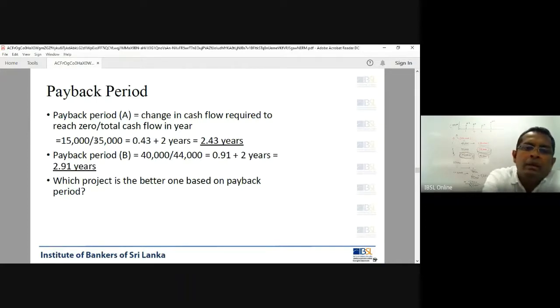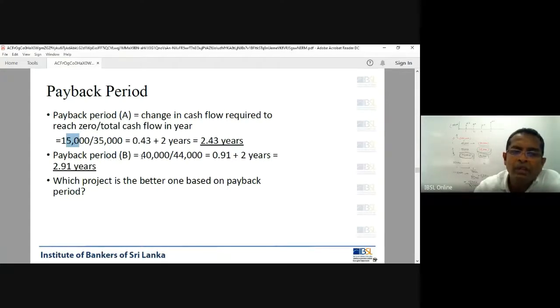It is 0.43. 2 years plus 0.43 if it is years. If you want number of months, you can multiply it by 12. Number of days, you can multiply it by 365. For first scenario, it is 15 divided by 35, 2.43 years.